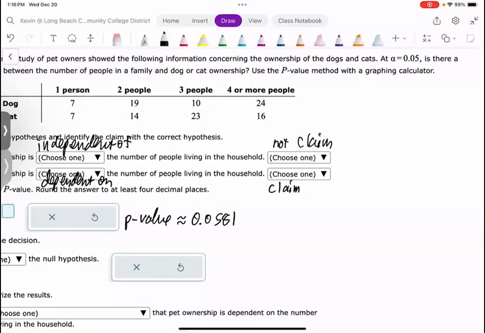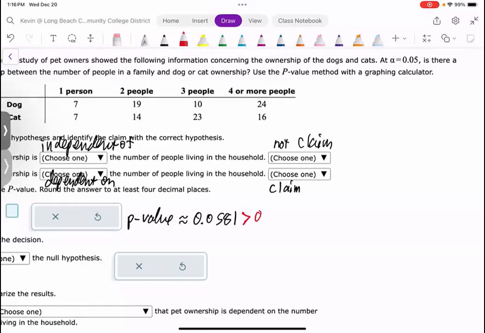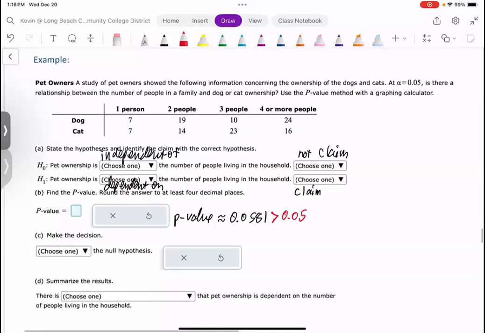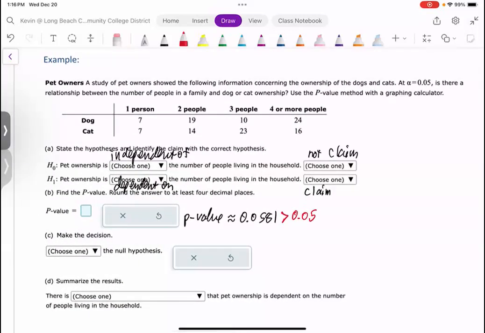Okay, so we're barely a little bit bigger than our alpha. All right, so what is our conclusion? We are again going to fail to reject the null hypothesis because our p-value is bigger than our alpha.